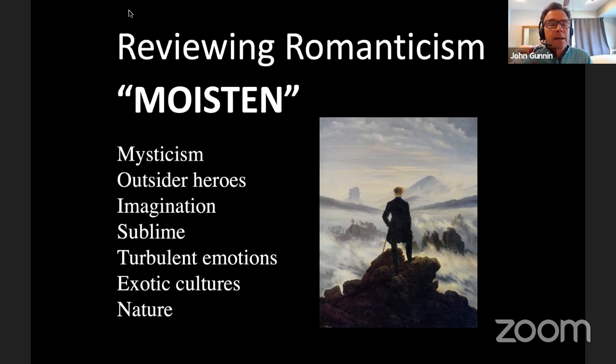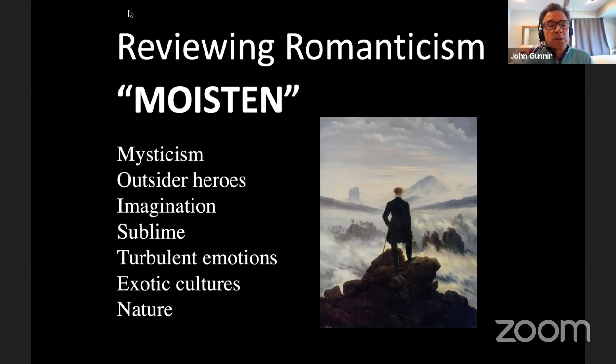Mysticism. Mysticism in some ways is a reaction against the Enlightenment, the emphasis on reason and rationality. So a lot of Romanticism really reacts against Enlightenment principles. Number two, outsider heroes. A hero that's maybe unpredictable.